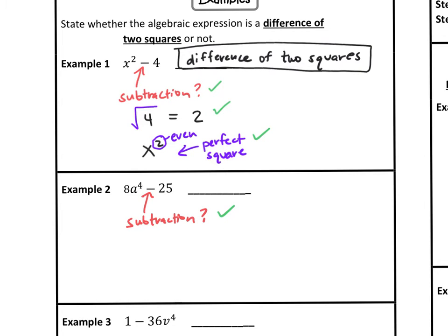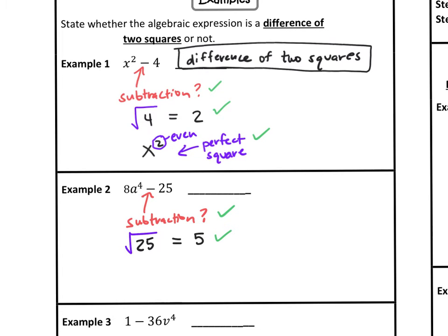Then I like to check the last term first, because usually the last term is a number. And so the number is 25, and my question is, is 25 a perfect square? Can I take the square root and get a whole number? The square root of 25 is 5. Yes, perfect square.